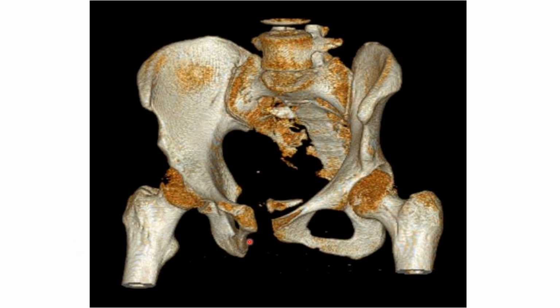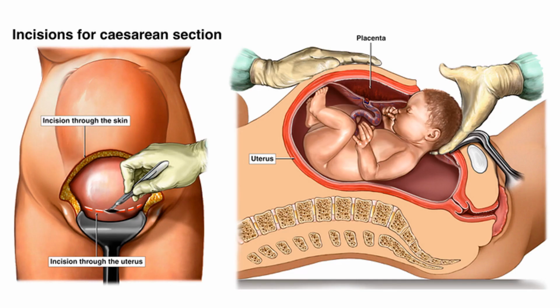You can see in this picture that the pubic bones have broken, and the sacrum is also fractured. So the obstetrician deemed that a vaginal delivery would be hazardous, so a cesarean section was performed, resulting in the delivery of a healthy baby girl.